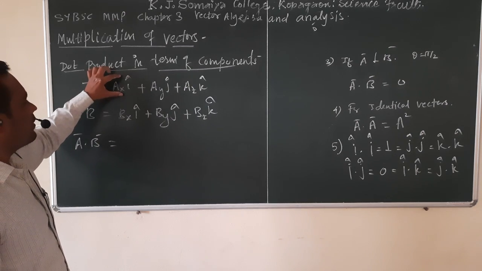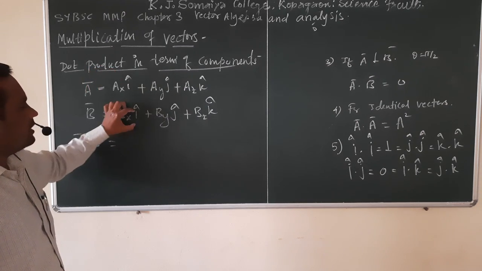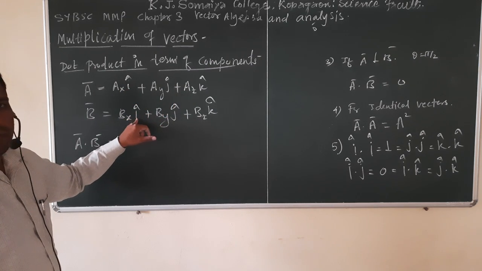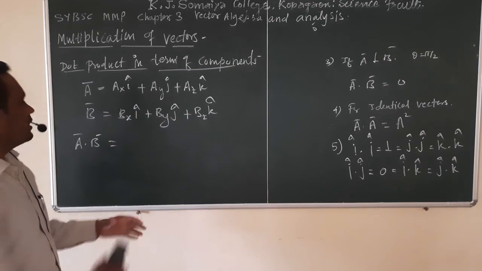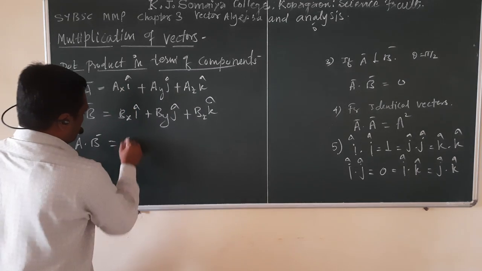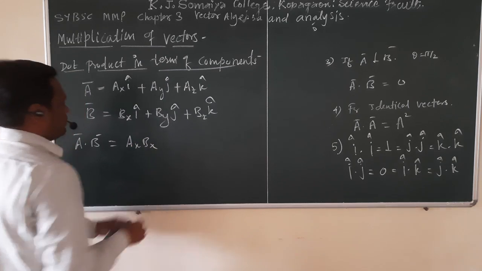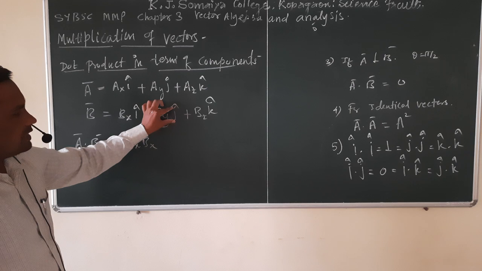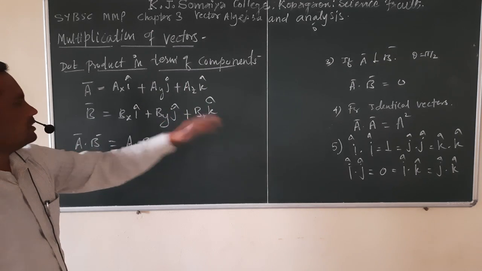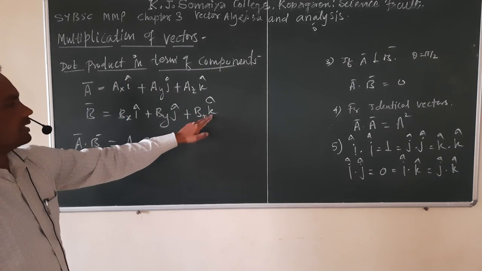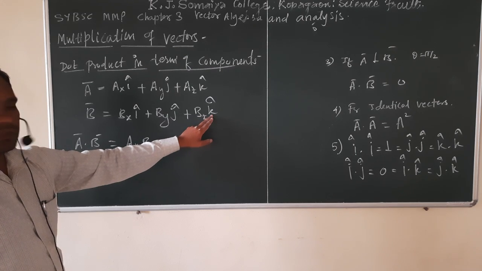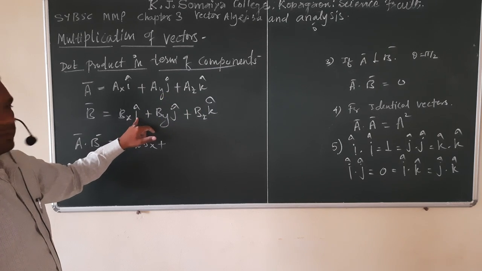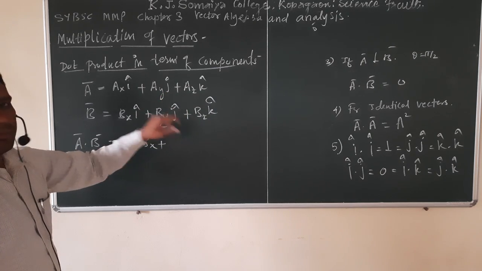First of all, you have to take the dot product of this vector with this. If you take the dot product of i cap with i cap, which is 1, the first term is just ax bx, because i cap dotted with i cap is 1. In the next term, i cap dotted with j cap, we know that it is 0. Again, i cap dotted with k cap is also 0. So for the next term, j cap dotted with i cap is 0, j cap dotted with j cap is 1.